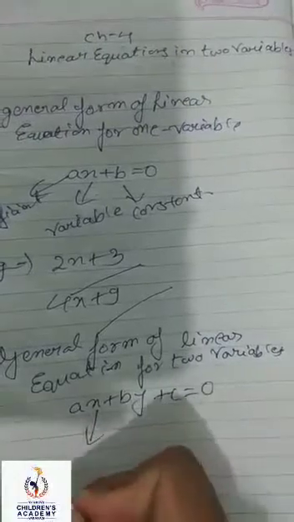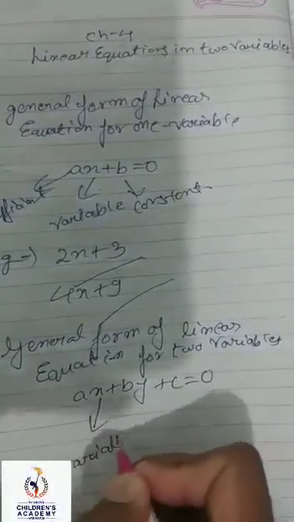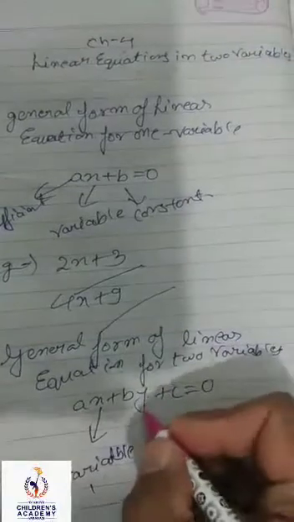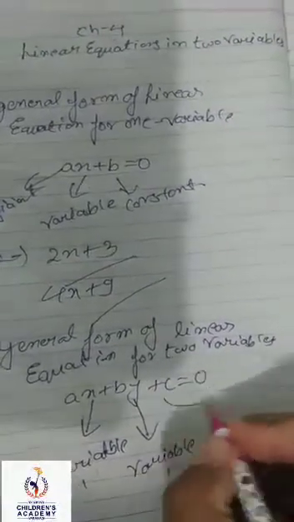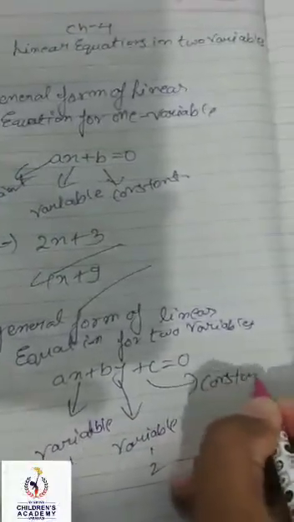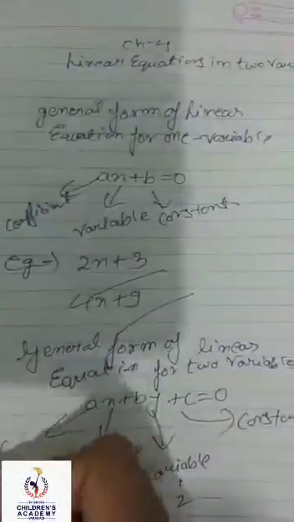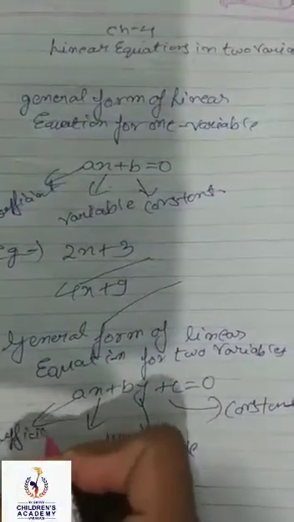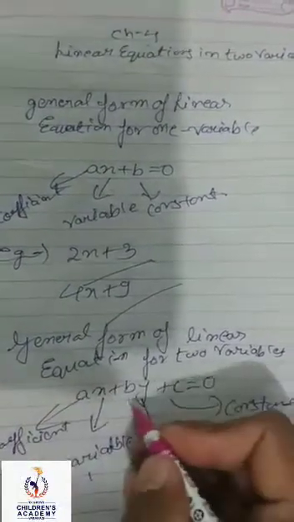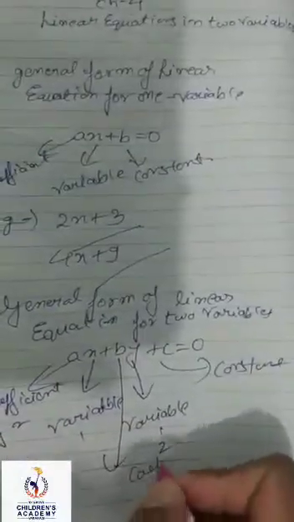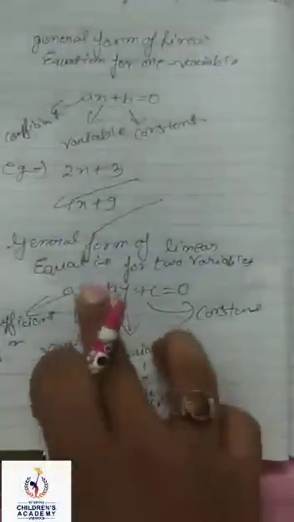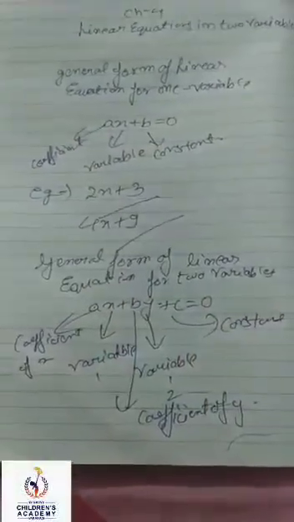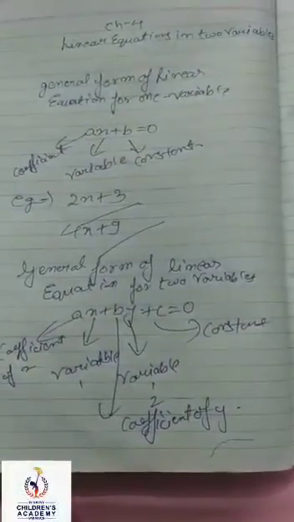Here x is variable 1 and y is variable 2. c is the constant, a is the coefficient of x, and b is the coefficient of y. So ax plus by plus c is equal to 0 is the general form for a linear equation in two variables.